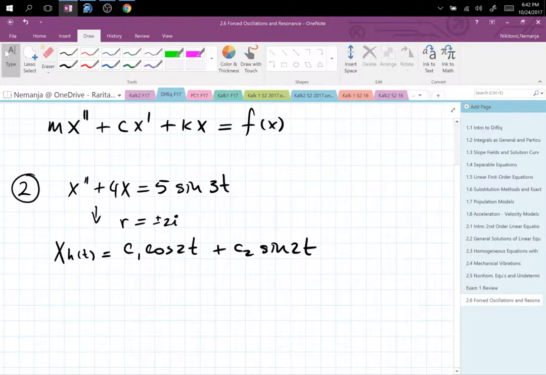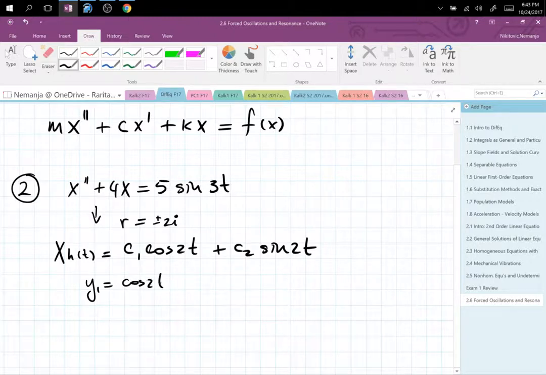Variation of parameters is that one equation, which I believe goes faster, but then you can do undetermined coefficients as well. It's fine. I like variation of parameters because it's quicker to integrate, I think.